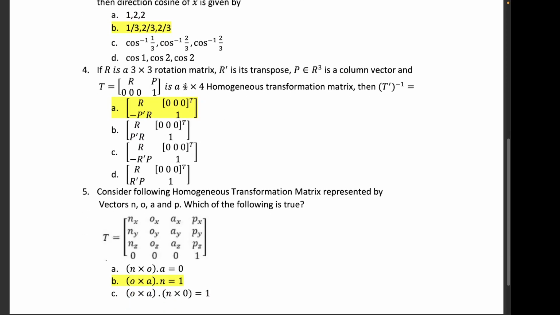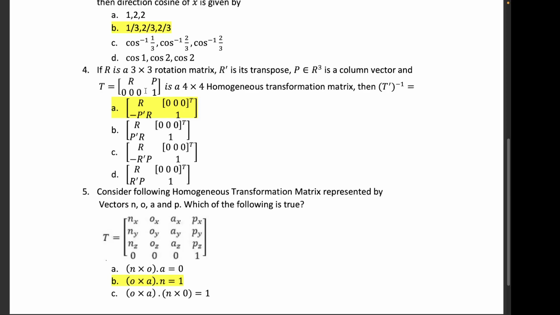So the next question is based on the concept of homogeneous transformation matrix, which is a 4 cross 4 matrix, and it gives information about rotation as well as translation. So the usual form is this, where R is the rotation matrix, P is the column vector denoting translation, and the last row has 3 zeros and a 1.